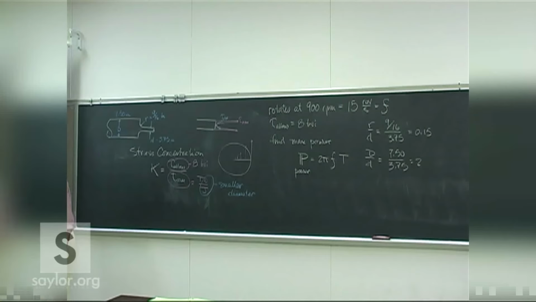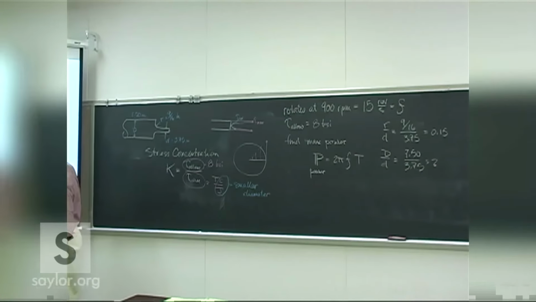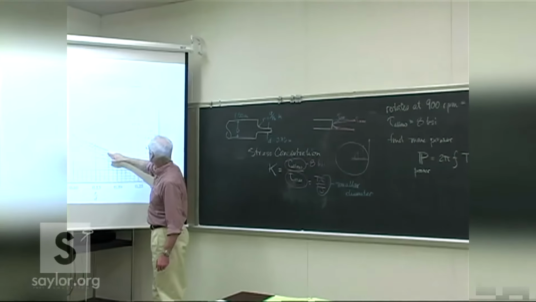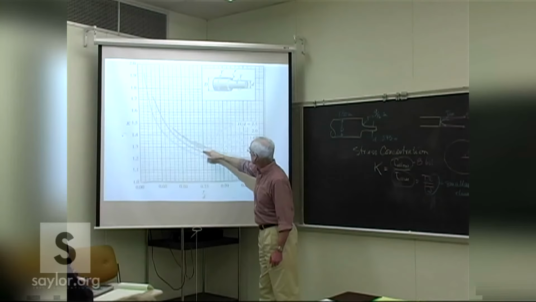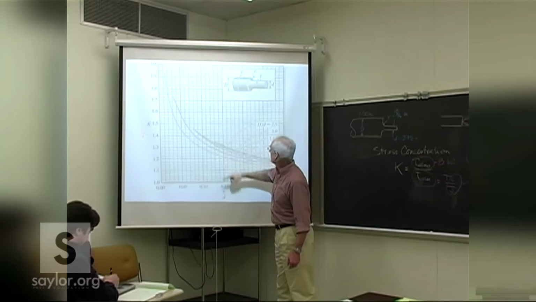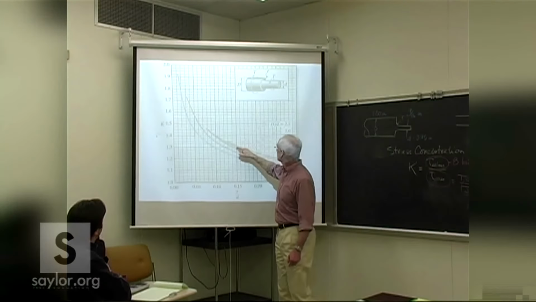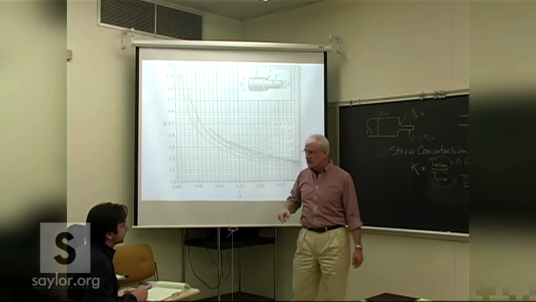So we're at about 0.15, and we're on the 2 line, which is this second one here. So where those two hit, looks like about 1.3. Actually looks pretty close to it. Easy one to read.